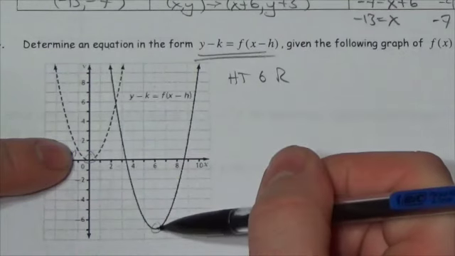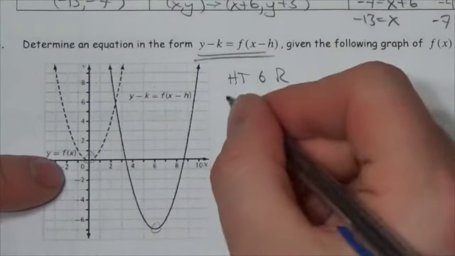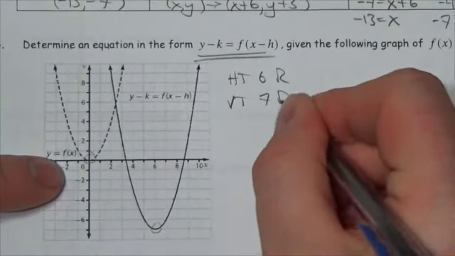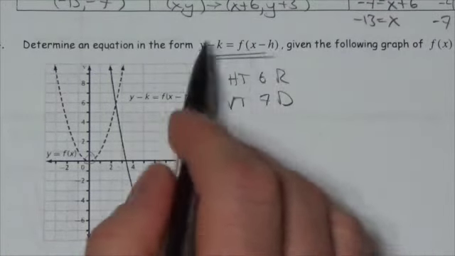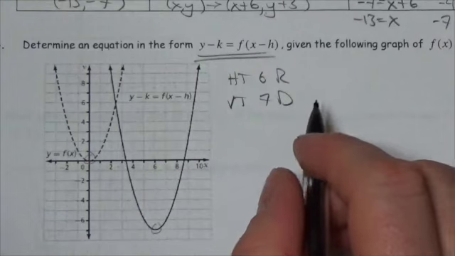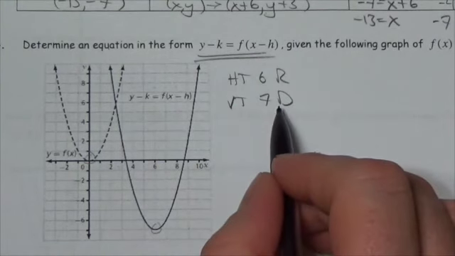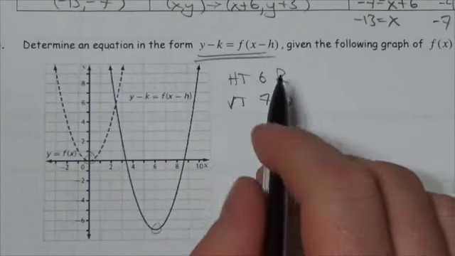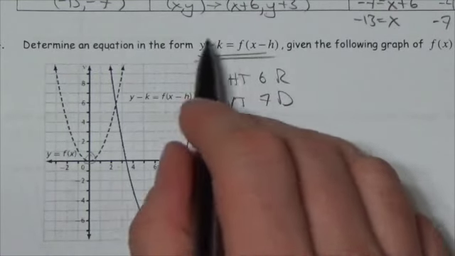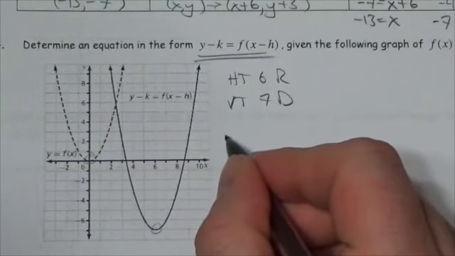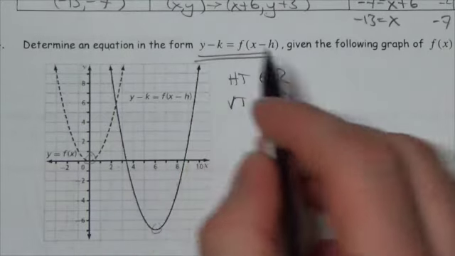And then it has been moved 7 down, so a vertical translation 7 down. Now think about how that has to play out inside my function here. If I want 7 down, that means I need to be subtracting 7 to isolate the y. So that must mean I'm adding 7 here right now.